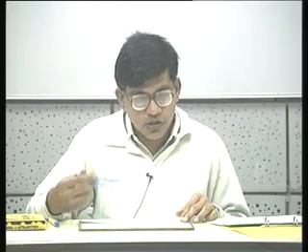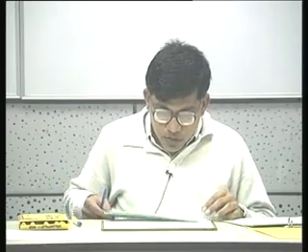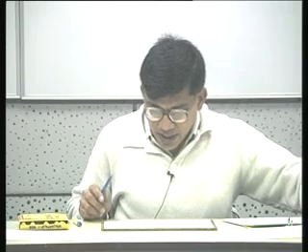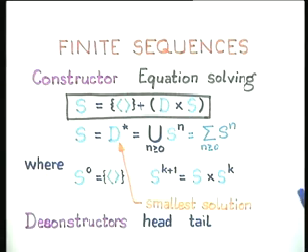This is the natural motivation why most of these functional languages provide some form of head and tail functions, because a sequence is really an ordered pair whose second component might be another ordered pair, and so on and so forth. So, the constructor really is the cons operation, which comes from here, and the deconstructors are just the head and tail functions.